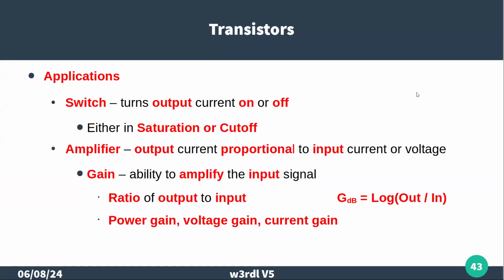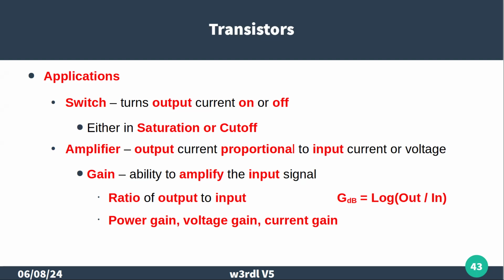Okay, so how do we use transistors? Well, we can use them as switches, which is what you do in digital logic, basically, where you either have them totally on or totally off, operating in what we call saturation or cutoff mode.